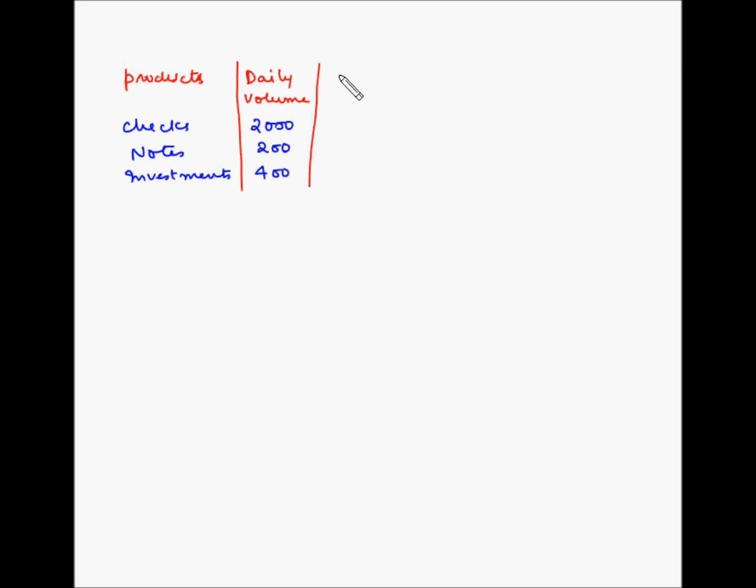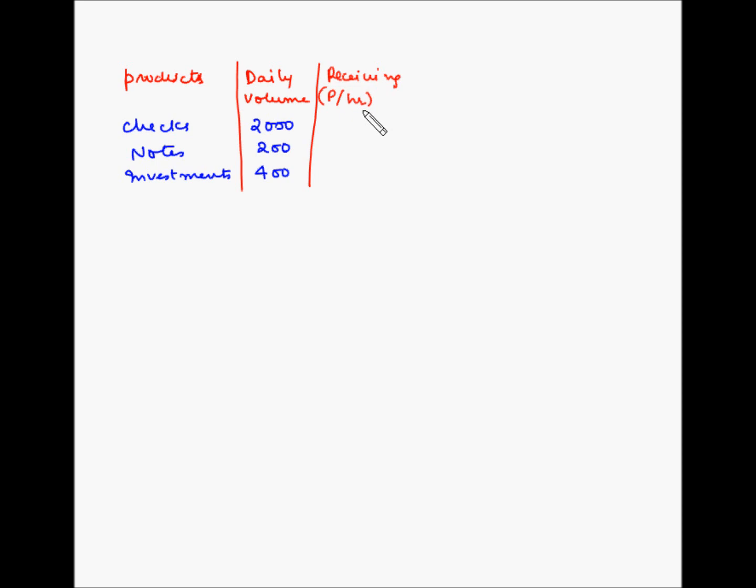Now the next step is to list down the sub processes for processing these documents. So let's say the first sub process is receiving. Now within receiving, you have to first determine the processing rate, that is how many documents can be processed per man hour.